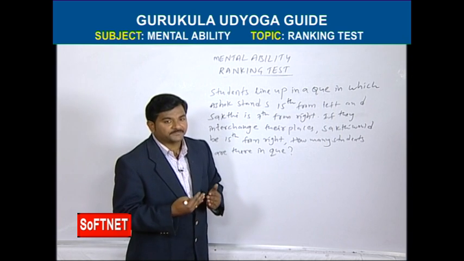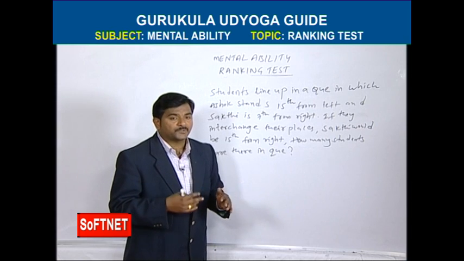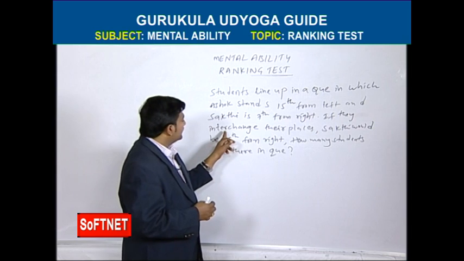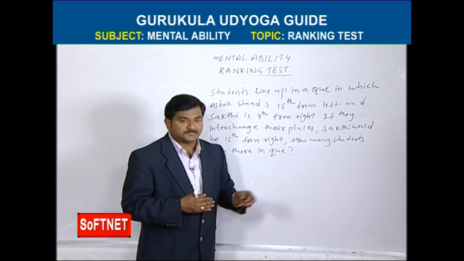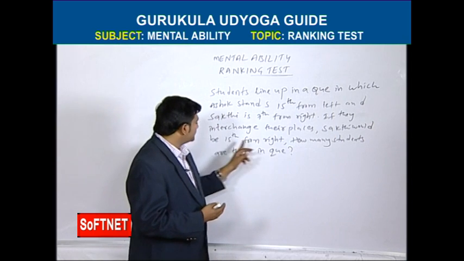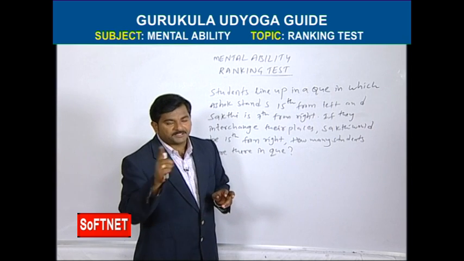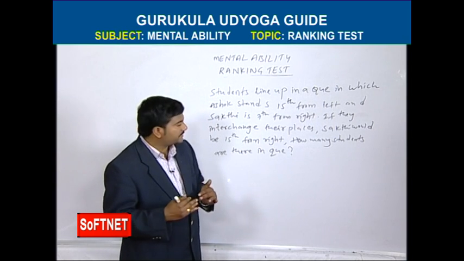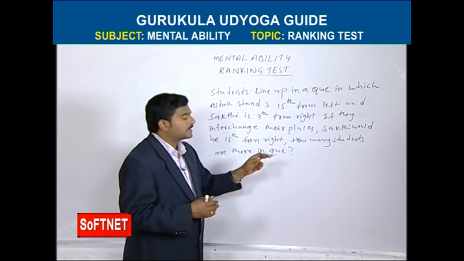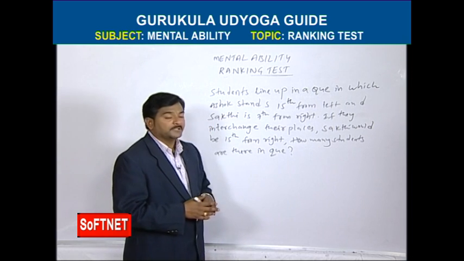Two persons' positions are given from both sides. If they interchange their places, Shakti would be 15th from the right. How many students are there in the queue?